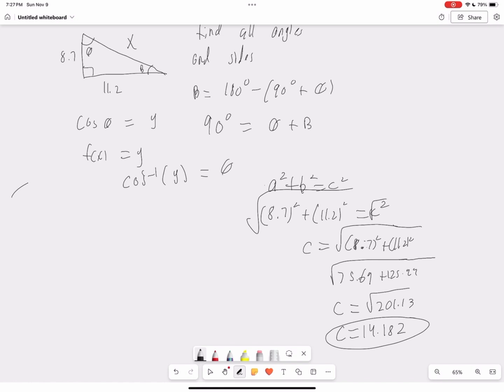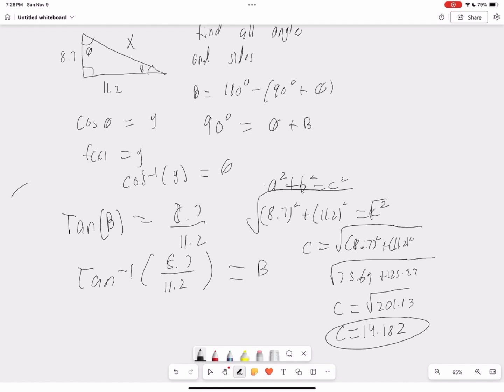But like I said in the last video, let's use the things that were given in the original problem because it's safer that way, though it doesn't really matter. Let's do beta. The opposite of beta is 8.7, and the adjacent of beta is 11.2.